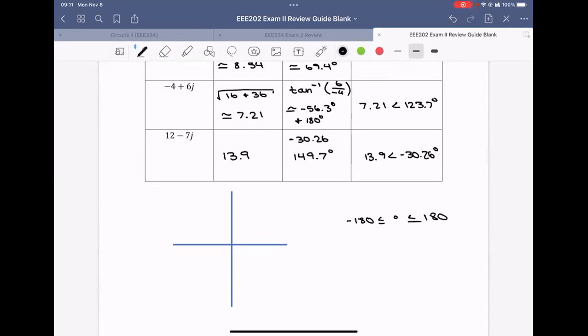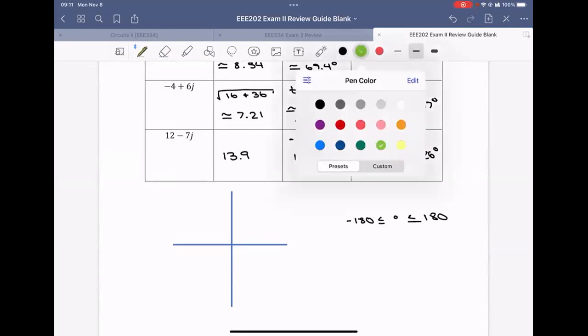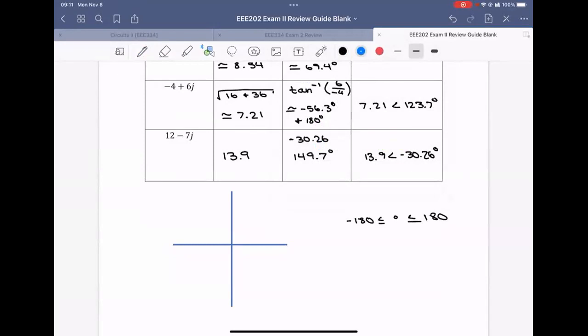And then this representation helps understand why we do what we're doing.